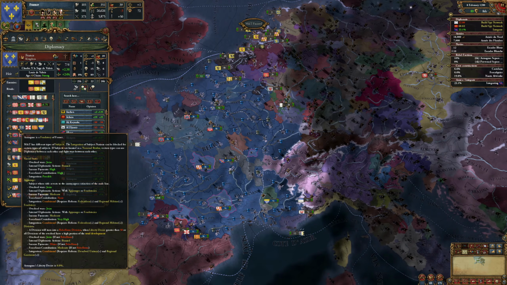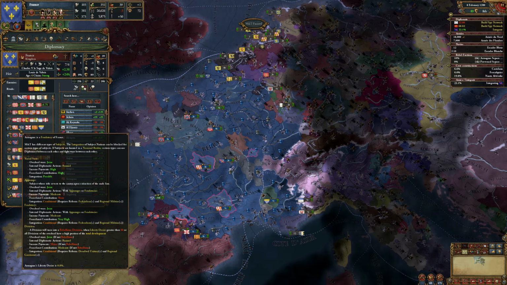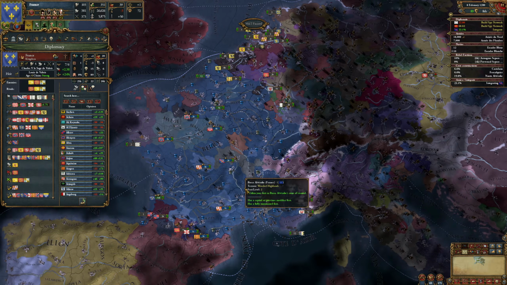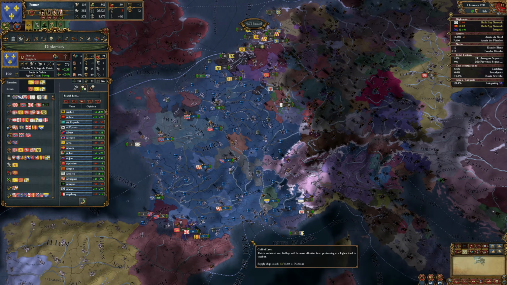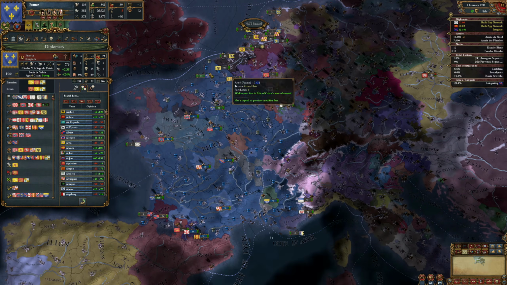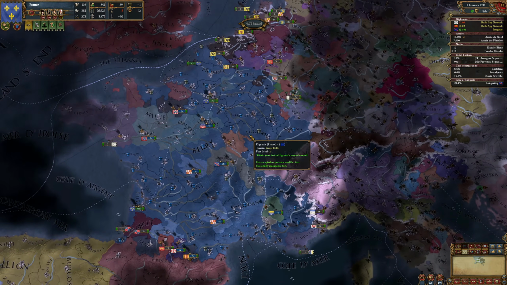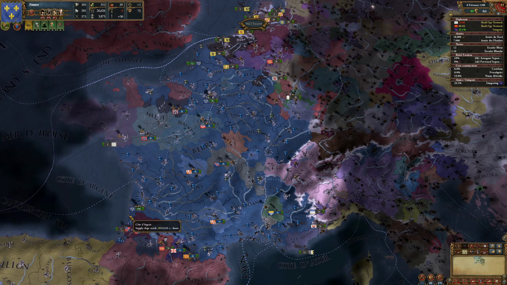There are also tons of new subject types, vassals, appendages, feudatories, divisions, and new mechanics for integrating them over time, where loyalty, cultural and religious ties play a role. There are censuses to see the situation of the industrial and demographic state of your nation, and so much more.